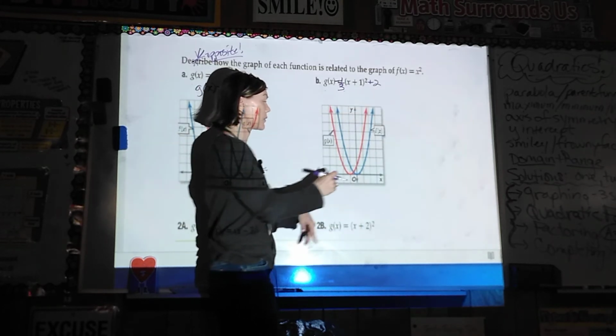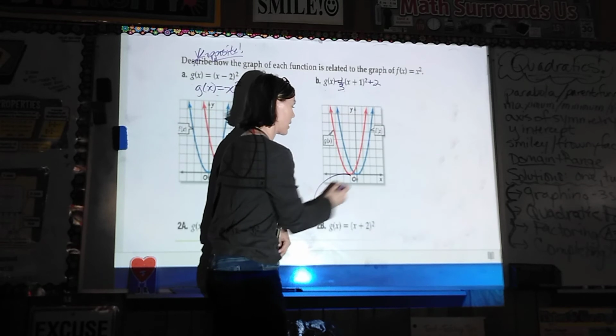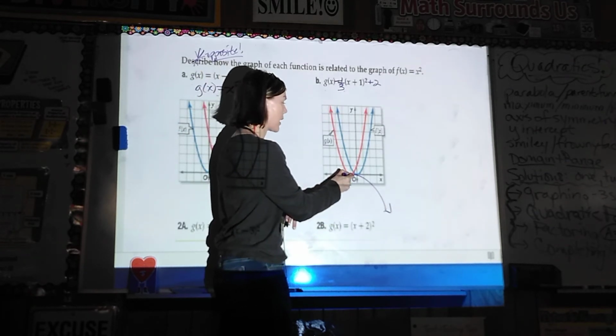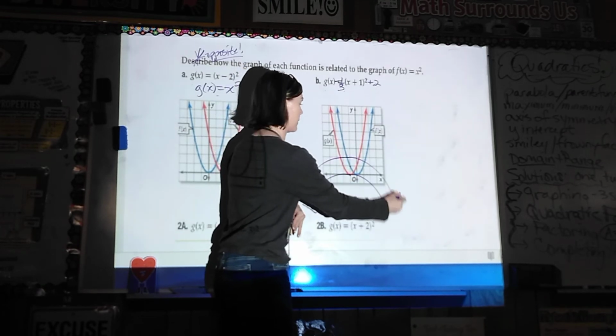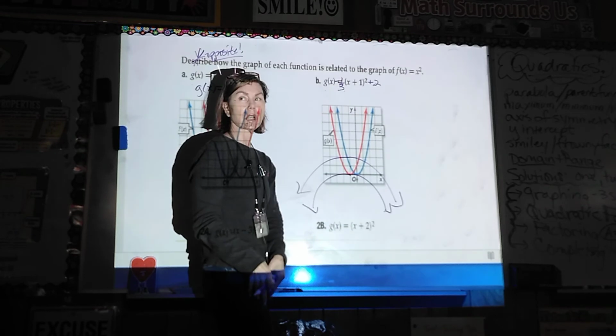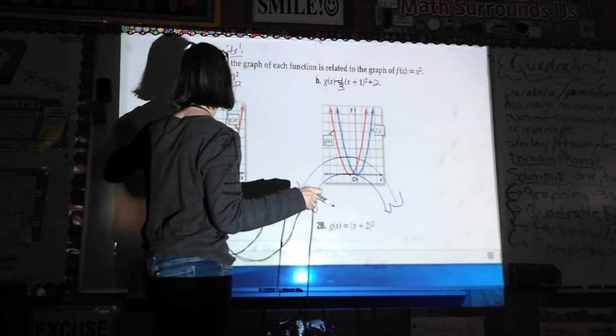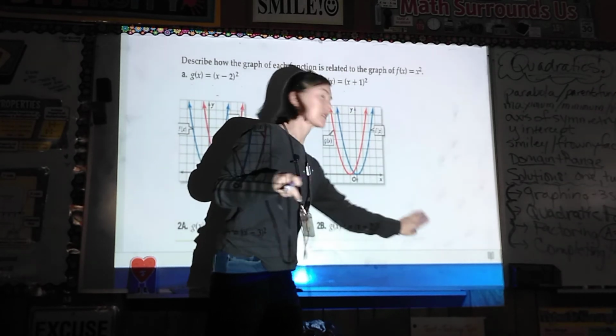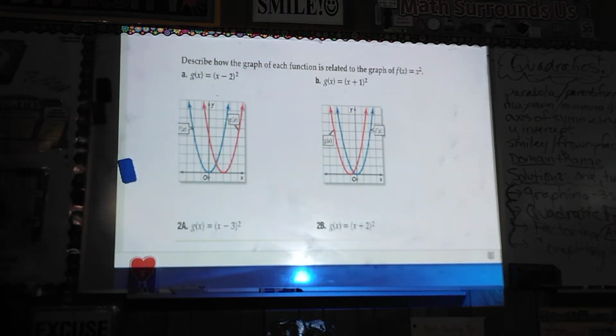And then this positive 2 would move it up 1, 2 spaces. Okay, just by adding that. Are we getting this? Okay. So let's try one more. And that's basically it for transformations, you guys.